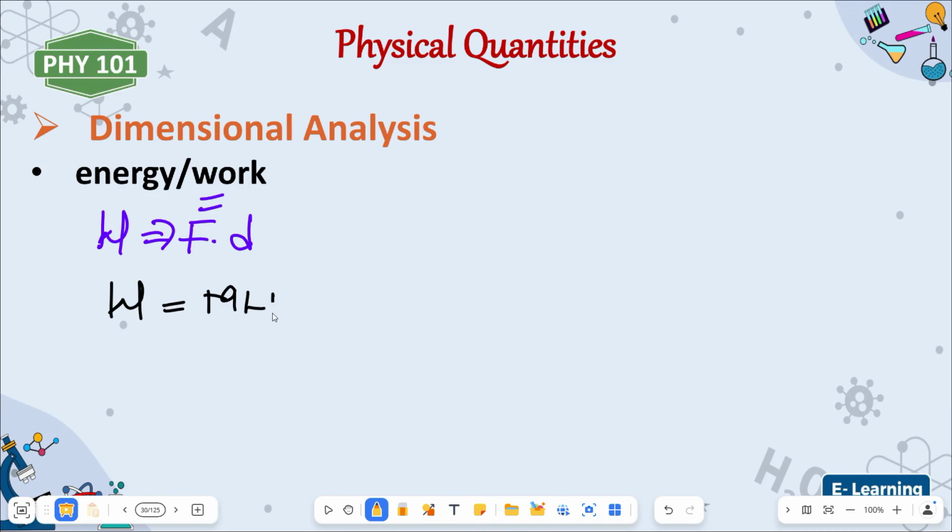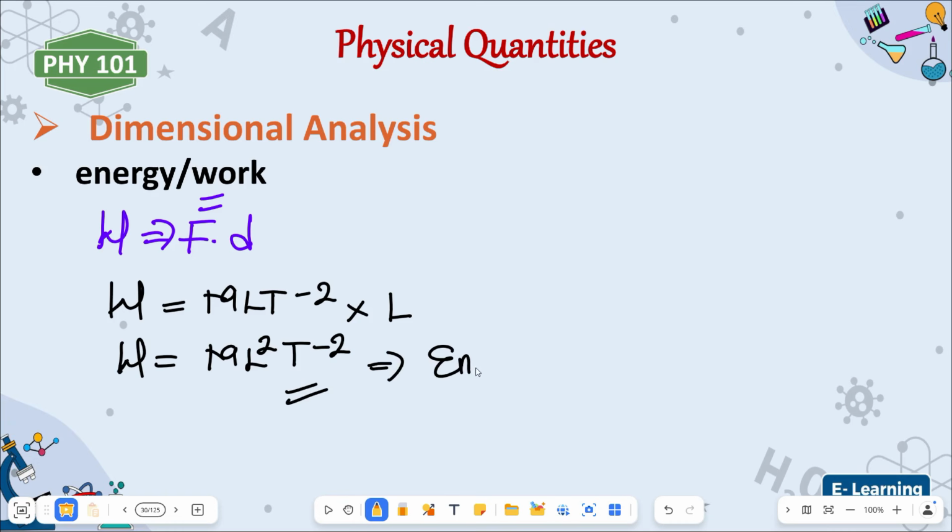Of course, it's mLT^-2, times the dimension for distance, which is L. So the dimension for work will be m, L times L will give us L squared, then T^-2. So that's the dimension for energy or work done. They have the same formula, so this is the dimension for any form of energy, whether potential energy or kinetic energy. Is that understood? So please take note of that.